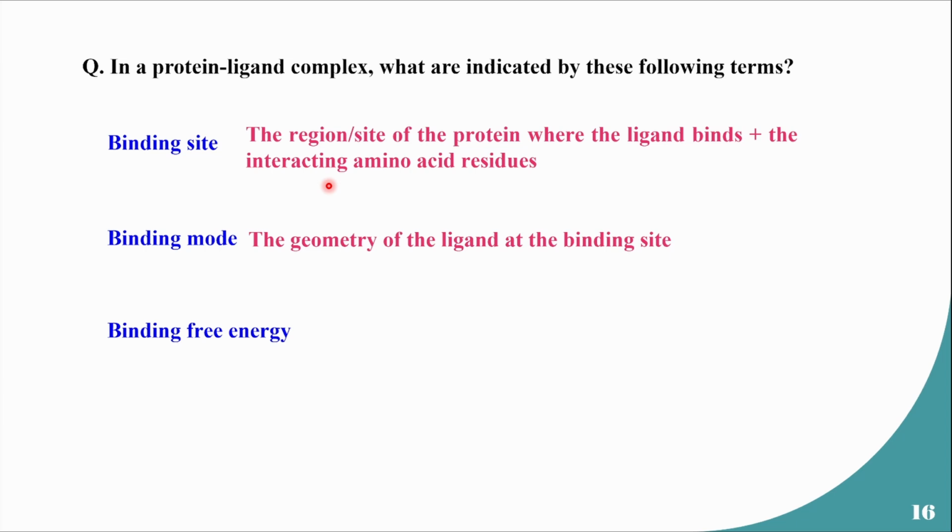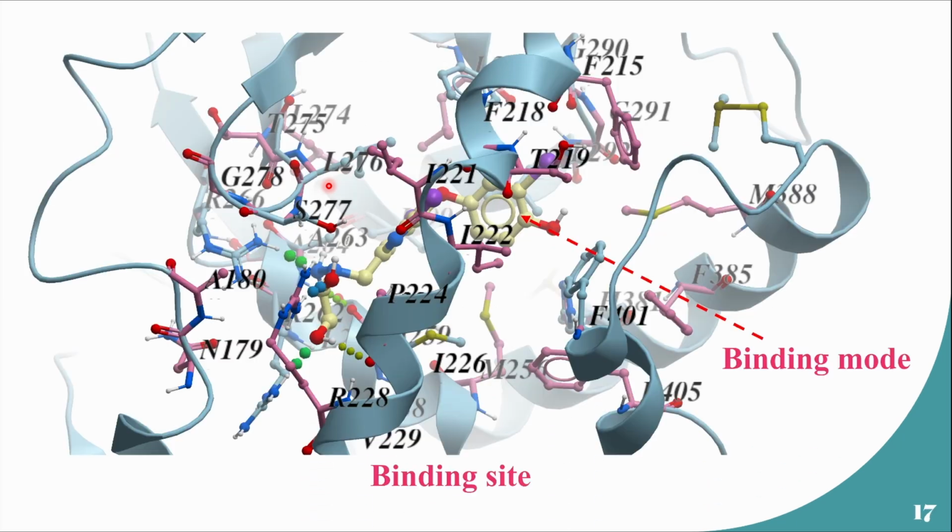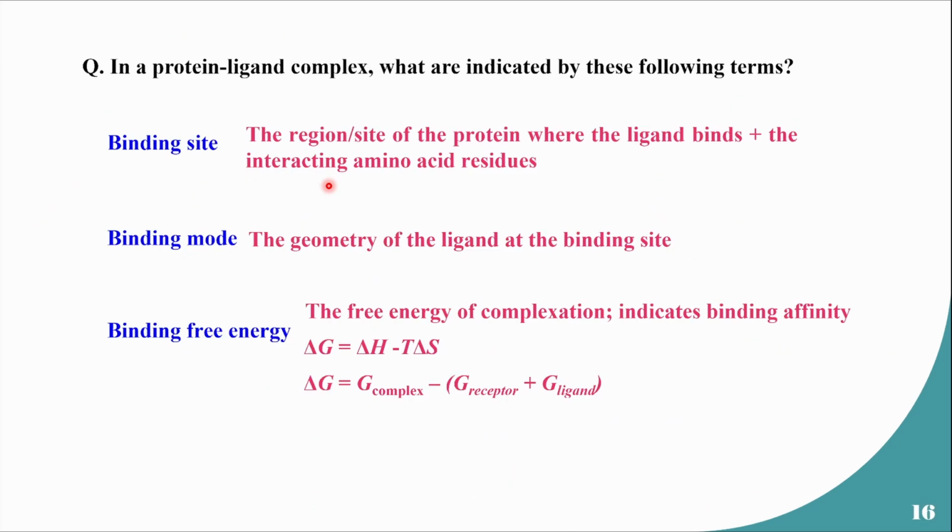And the final one is, of course, binding free energy. We talk a lot about free energy changes. In terms of binding, it means the free energy of complexation, right? We also discussed it in some of our earlier classes. Initially, if you have a protein and a ligand, they are unbound, so they will have certain energies. After binding, in the protein ligand bound complex, the final energy will be something else.